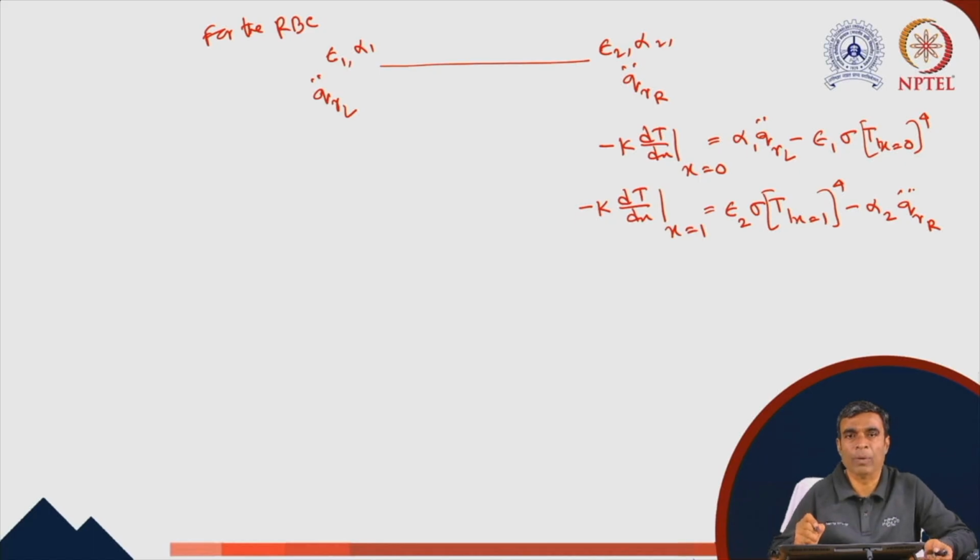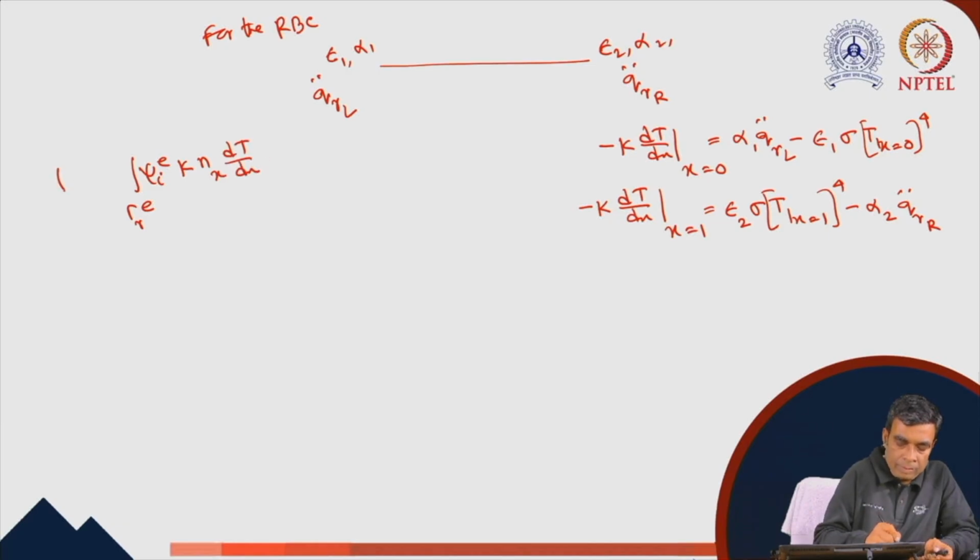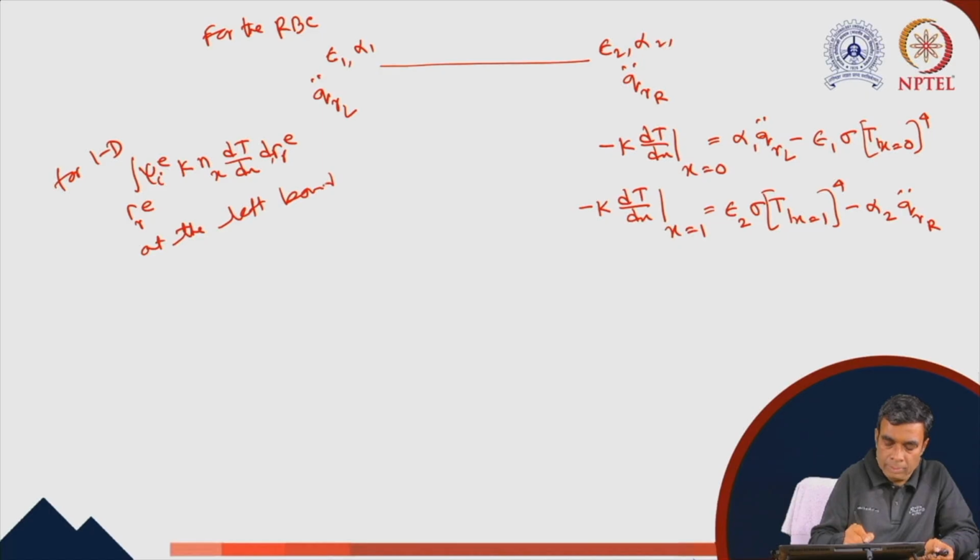Now the boundary integral which we got for the radiative boundary condition contribution, this is integration over Γ_RE of ψ_IE k n_x dT/dx dΓ_RE for one dimension. At the left boundary, n_x equals minus 1.